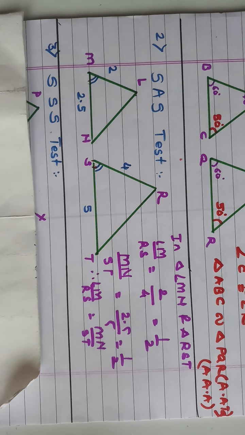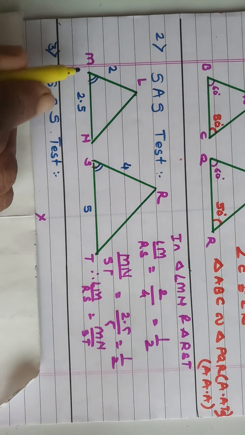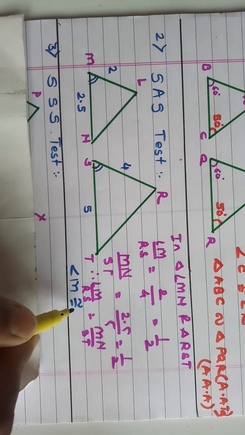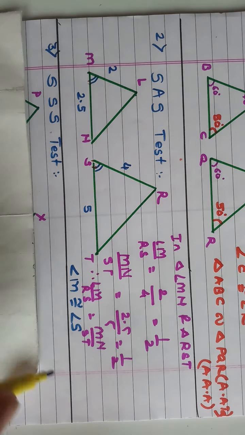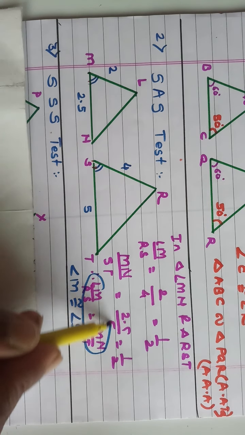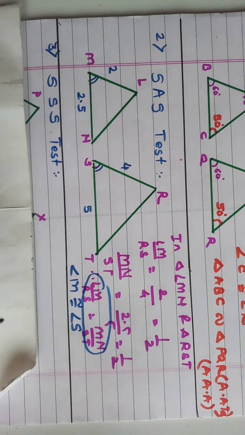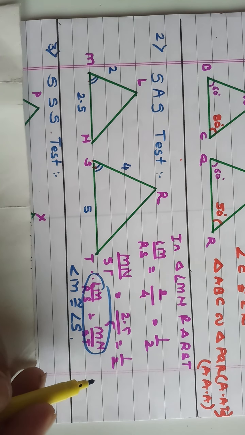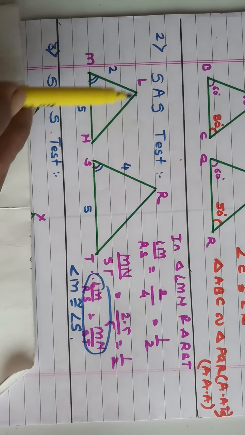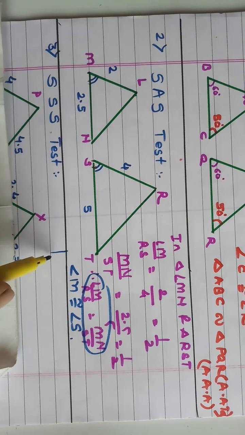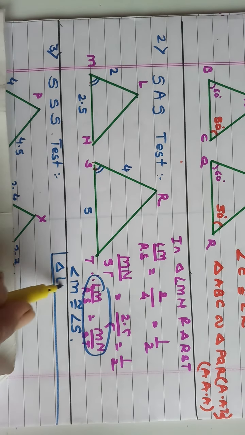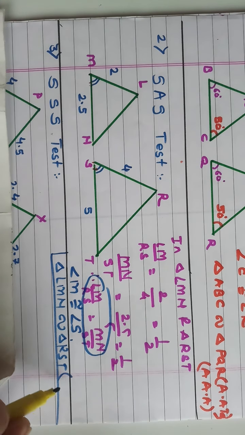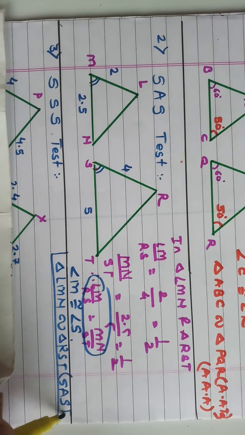And what they have given is that angle M is congruent to angle S. So two corresponding sides are in proportion and the angle between them is congruent, so these two triangles are said to be similar by the SAS test. So triangle LMN is similar to triangle RST by the SAS test.